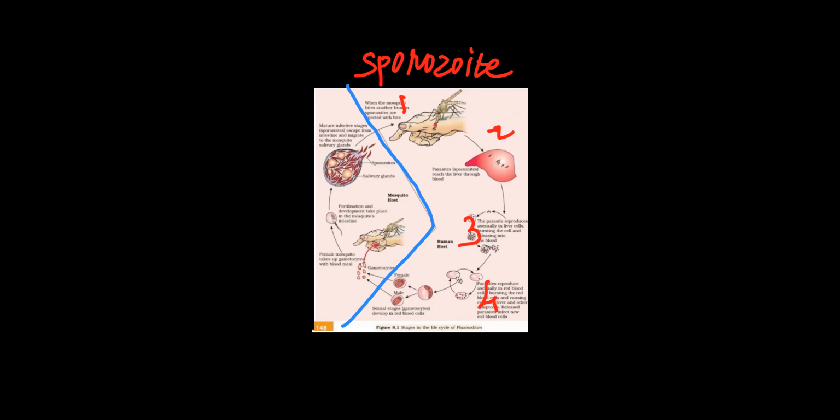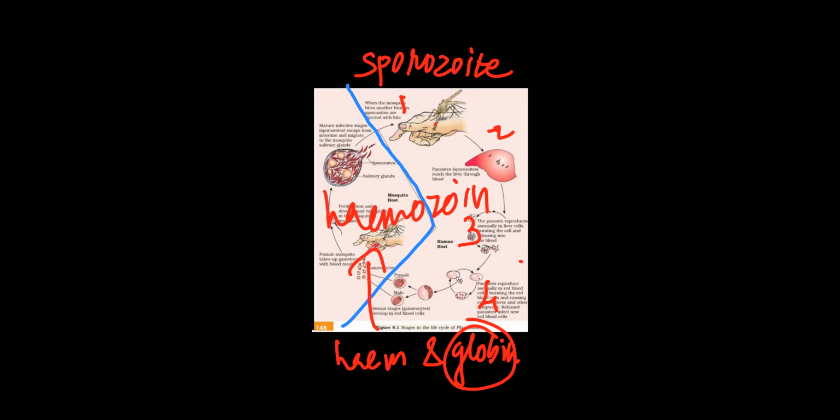And then they start feeding upon the hemoglobin inside these erythrocytes. They digest the hemoglobin and separate heme and globin from that RBC. Globin is a protein which is their favorite food. They enjoy it. They grow further by consuming this globin. Meanwhile, they convert the heme into hemozoin, a toxic substance.